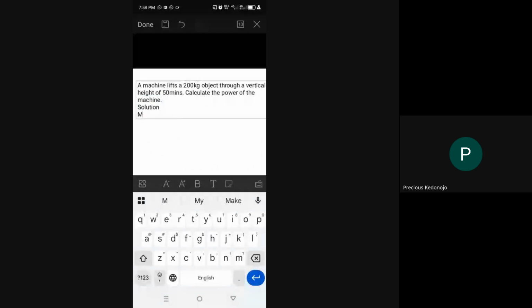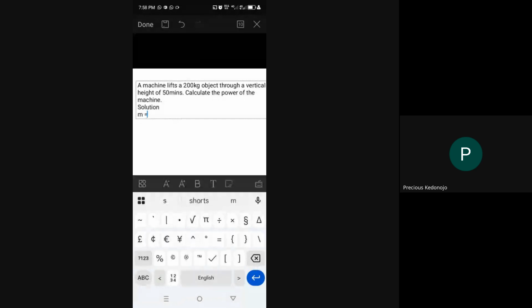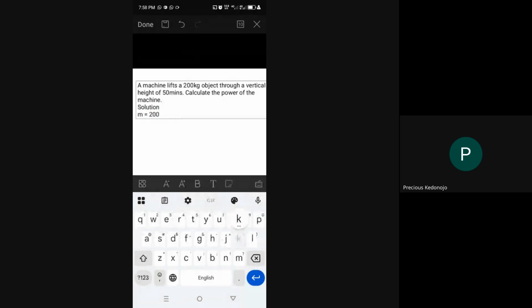Mass M is equal to 200 kg. Through a vertical height, you have been given height h, 50 meters. And they are supposed to give you time. Let's say in 15 minutes. Calculate the power of the machine.